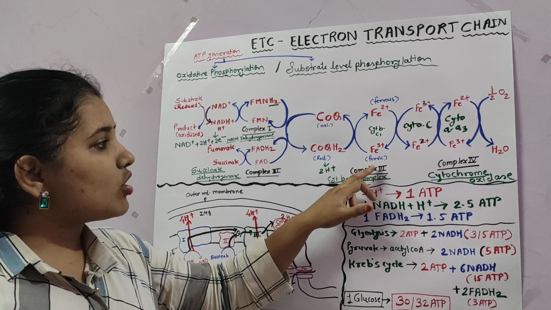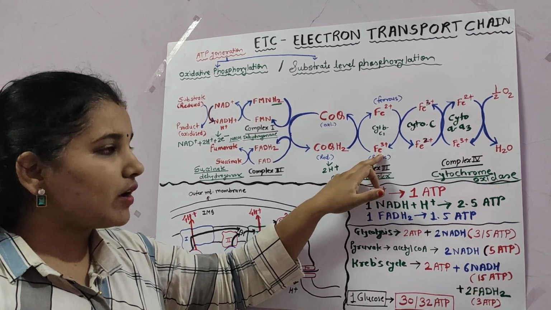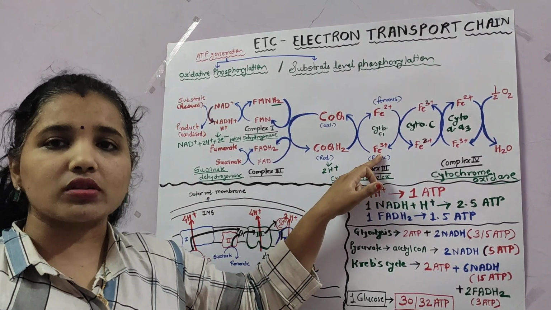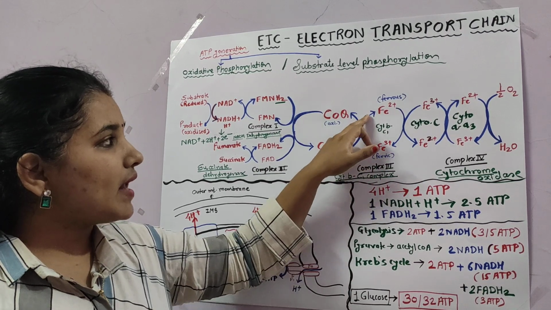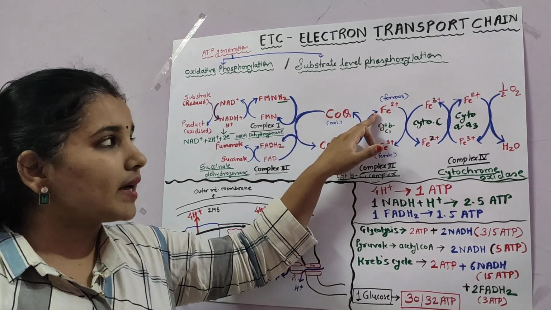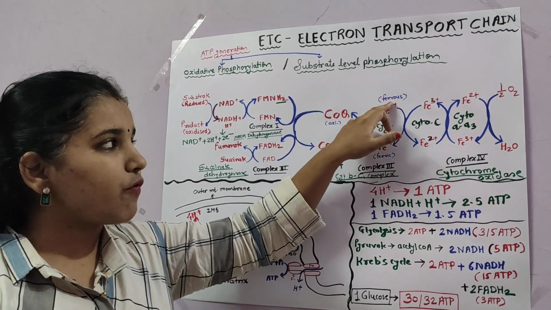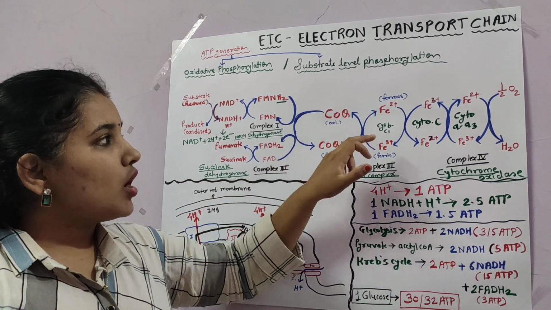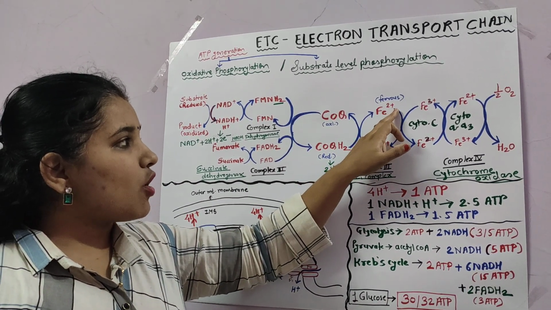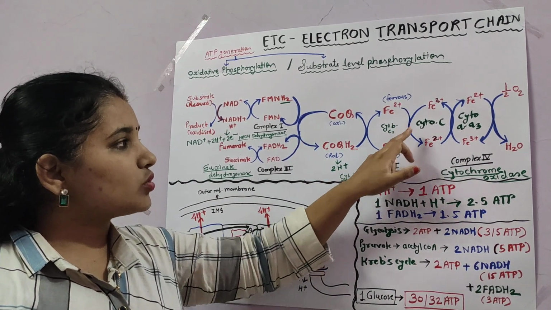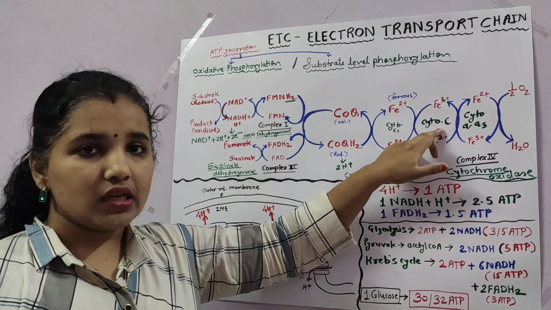The ferric form is the oxidized form, and when it accepts the electron, it gets reduced to the ferrous form. Again the ferrous form donates its electron to cytochrome c.